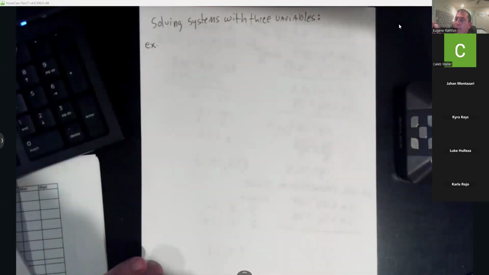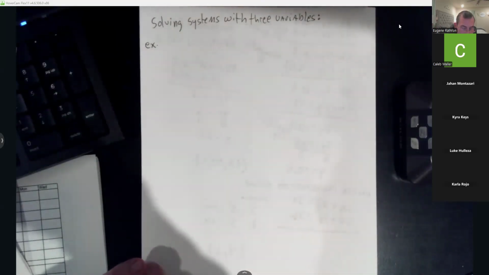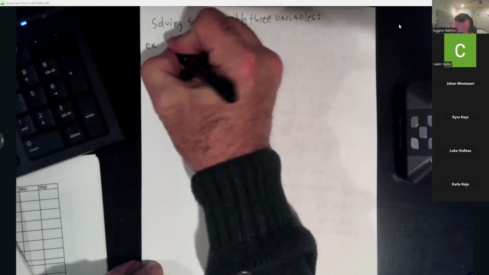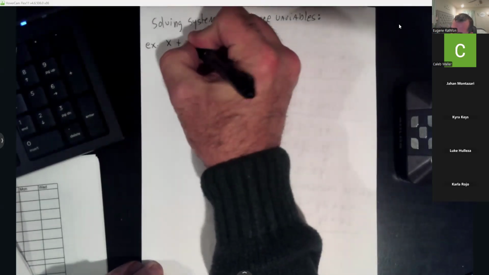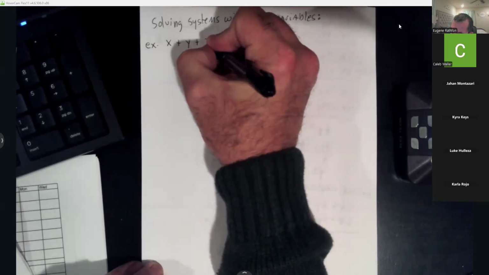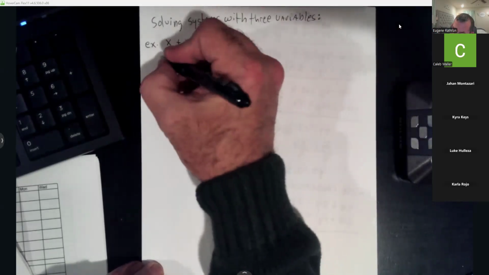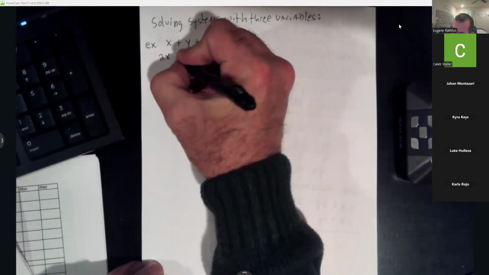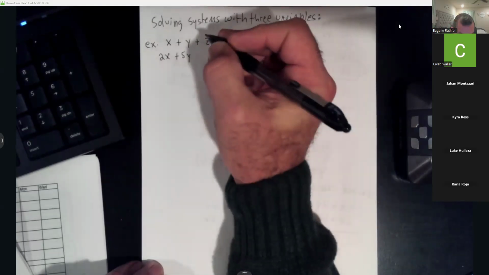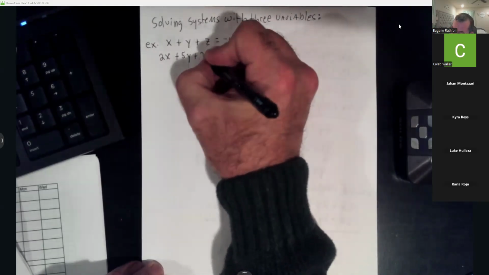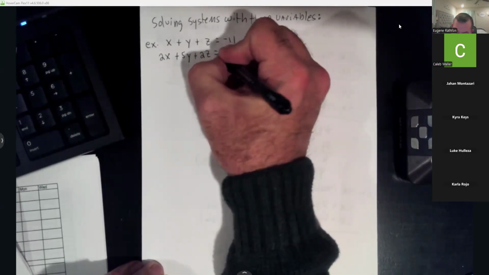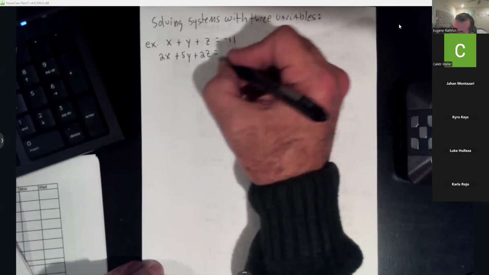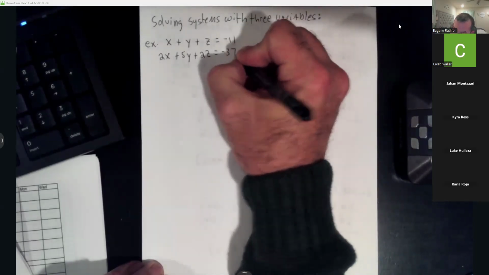So 3 variables means 3 equations. So I have x plus y plus z equals negative 11. 2x plus 5y plus 2z equals negative 37.